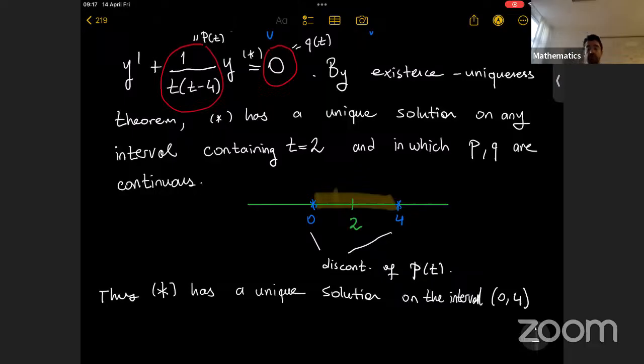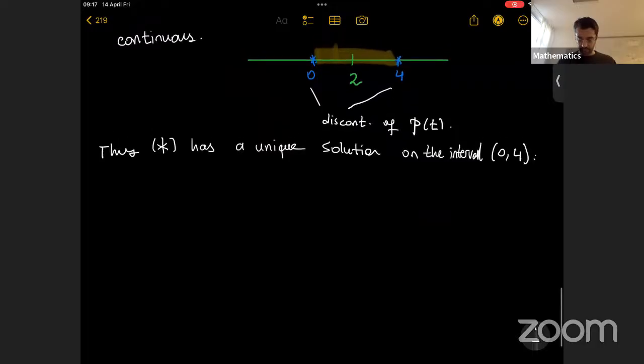Okay. Any question with this? Let's do another example.